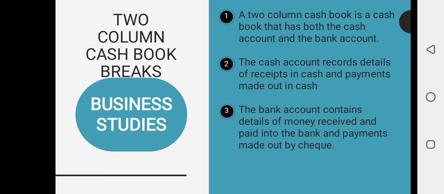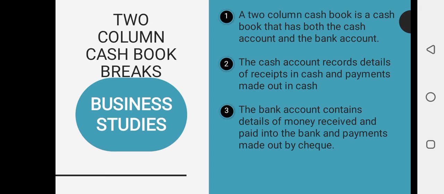Thirdly, the bank account contains details of money received and paid into the bank and payments made out by check. I hope we are getting the distinction here. The cash account records details of receipts in cash, while the bank account contains details of money received and paid into the bank and payments made out by check.